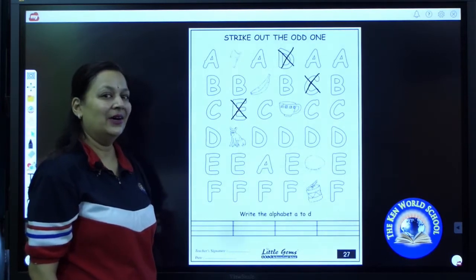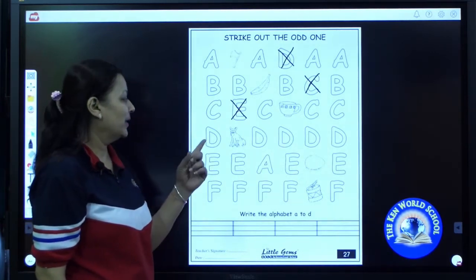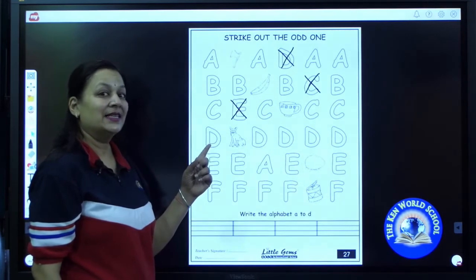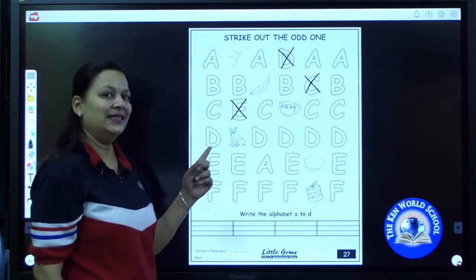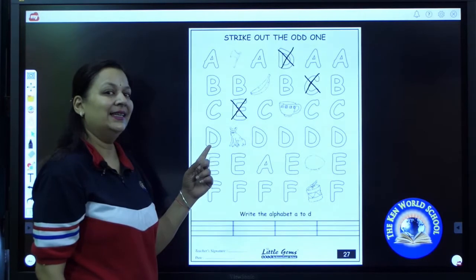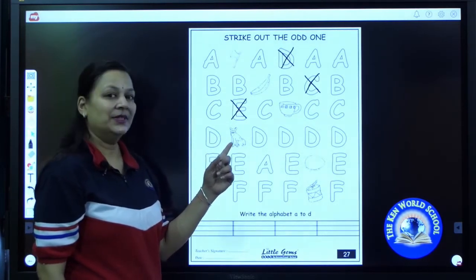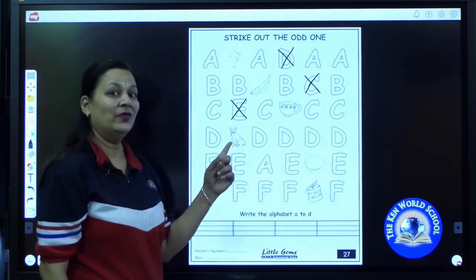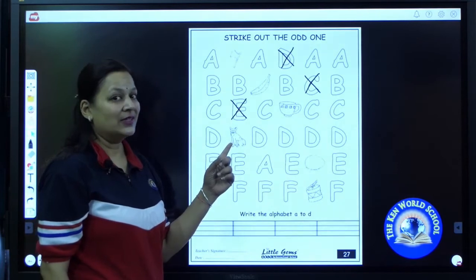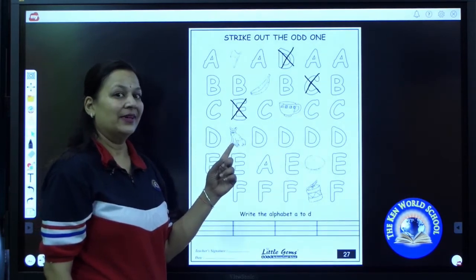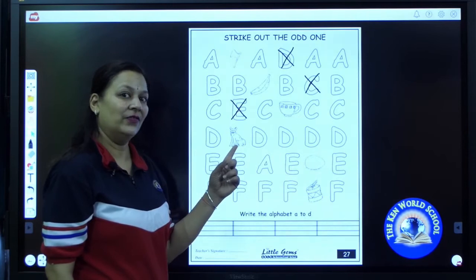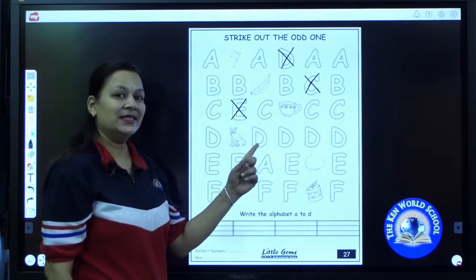Excellent. Now come to the next row. Which letter is this? D. D says D. Which picture is this? It's a fox. Fox starts with F. F says fox. Which letter is this?